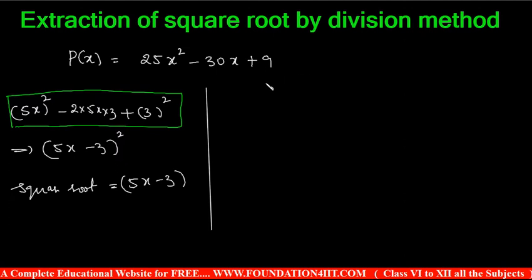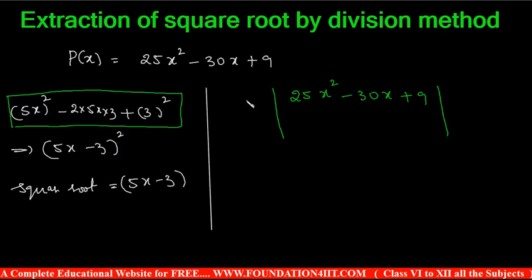First we should take this question as 25x square minus 30x plus 9. Now, the first term is 25x square, whose square root we can guess easily, because 5x into 5x is 25x square.